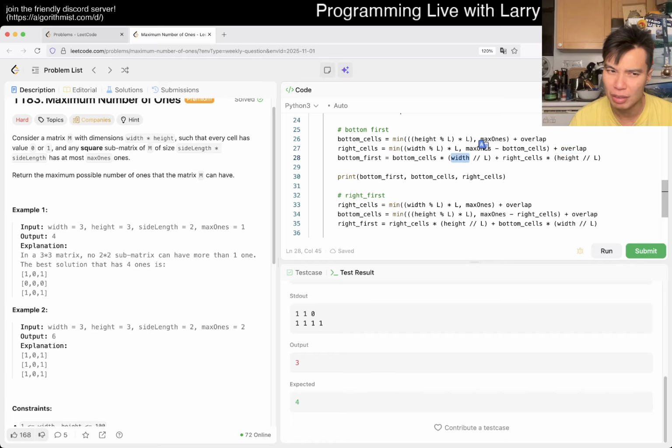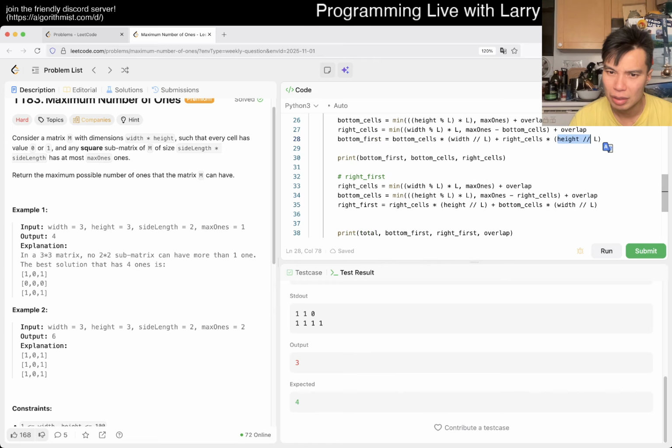Width divided by L. Height divided by L. This seems right. Why am I getting... Oh, no. Right bottom first is 1. But right cells is wrong. So this is 1. This should be 1.